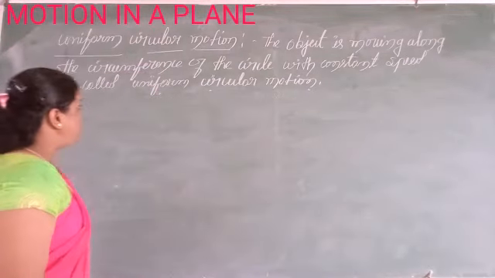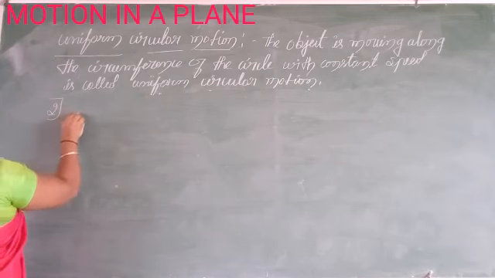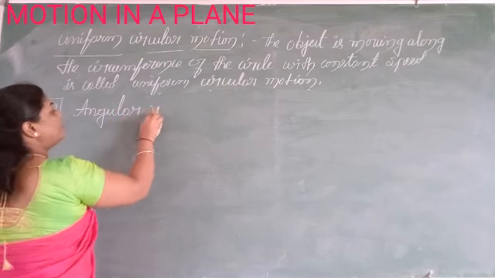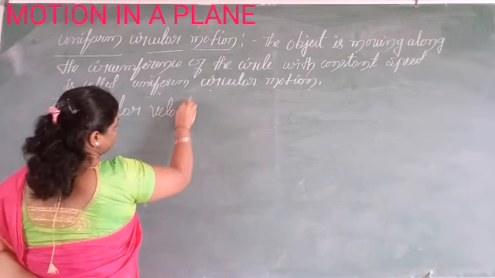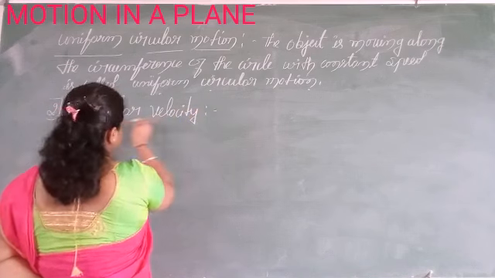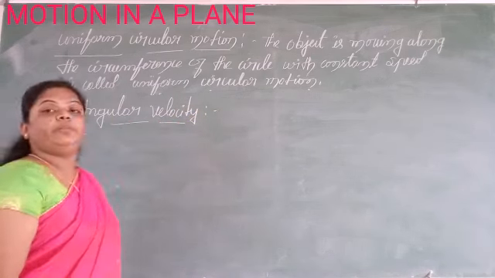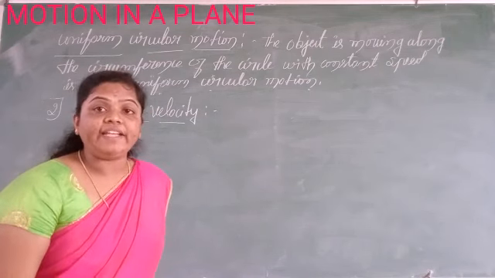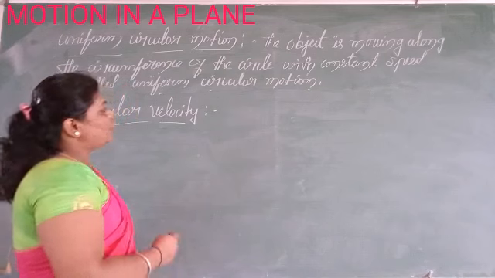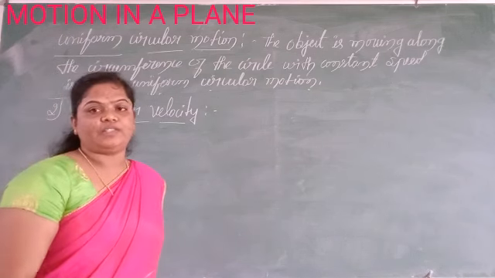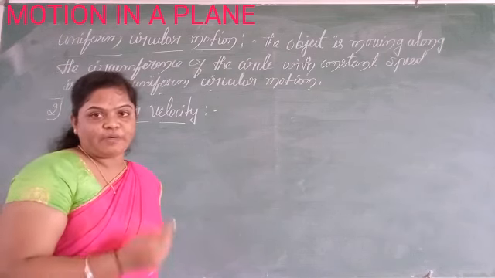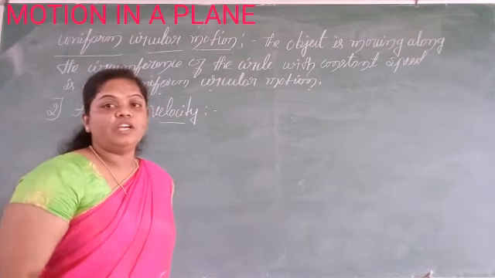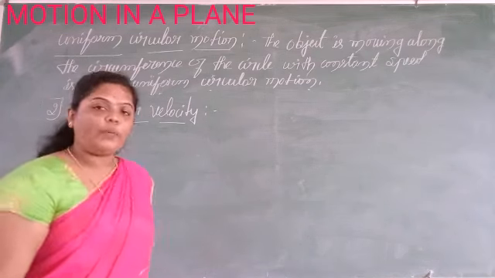Now let's see the second one, that is angular velocity. What is meant by angular velocity? The rate of change of angular displacement is called angular velocity. So angular displacement is changing with respect to time, the position is changing, and that we call angular velocity.